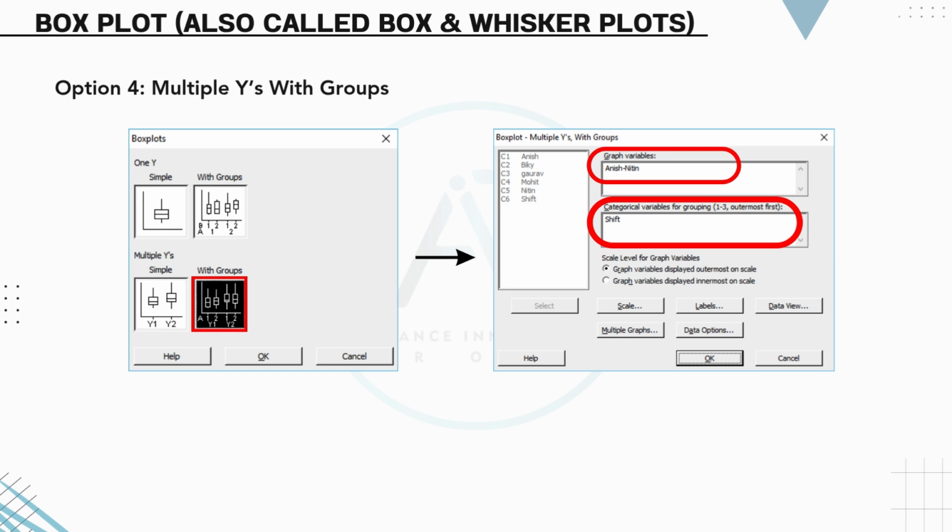You can choose to display the grouping or graph variables outermost on the axis, depending on what comparison you want to highlight visually. This format is extremely powerful for understanding interactions between variables and groups, such as who performs better in which shift, or which shift has greater variability across the board.